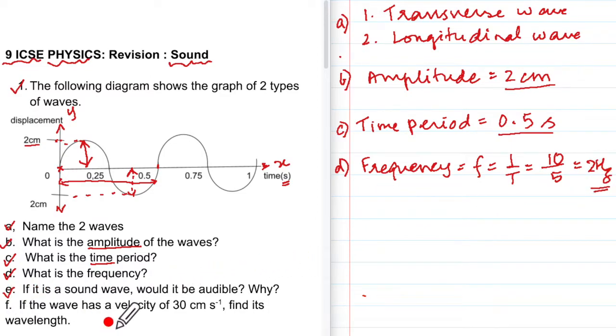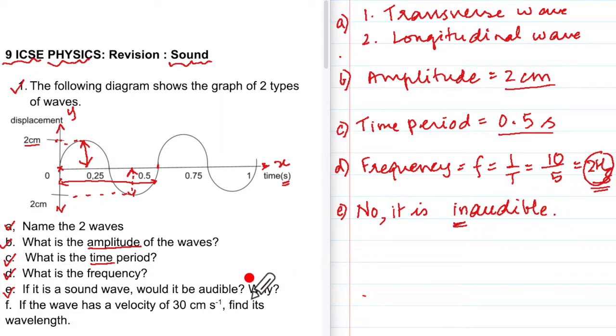What is our E? If it is a sound wave, would it be audible and why? Now audibility range is from 20 Hertz to 20,000 Hertz. So our frequency is 2 Hertz. Are we going to hear this? No. So we will say no, it is inaudible.